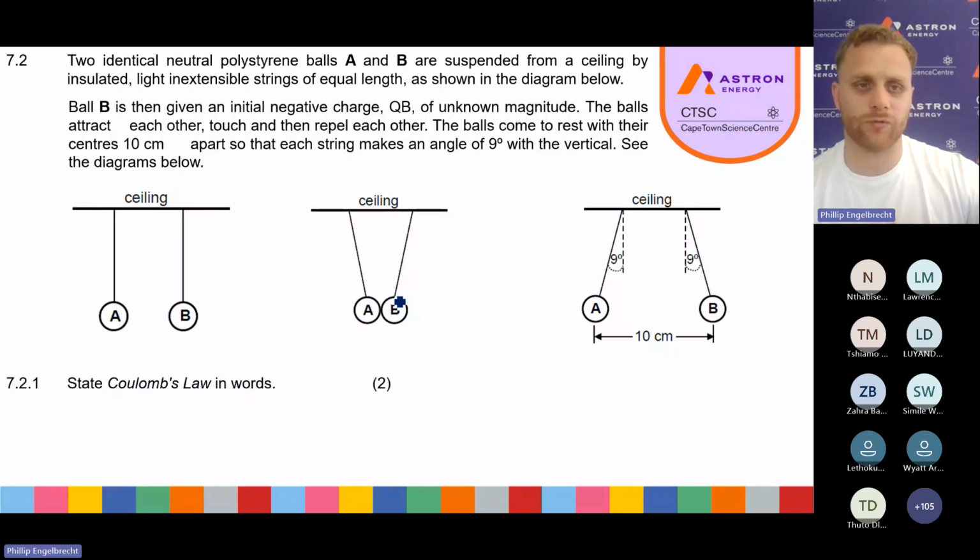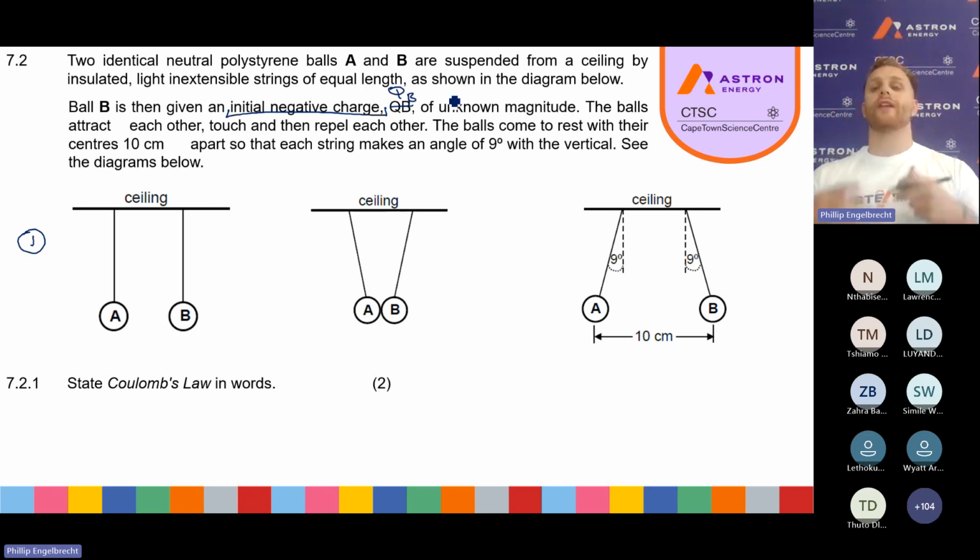So we first start off over here by 1. Okay. Ball B is given an initial negative charge. So that's supposed to be Q sub B, all right, of an unknown magnitude.